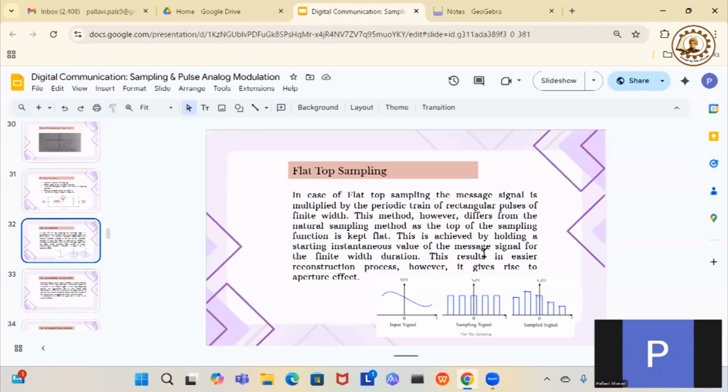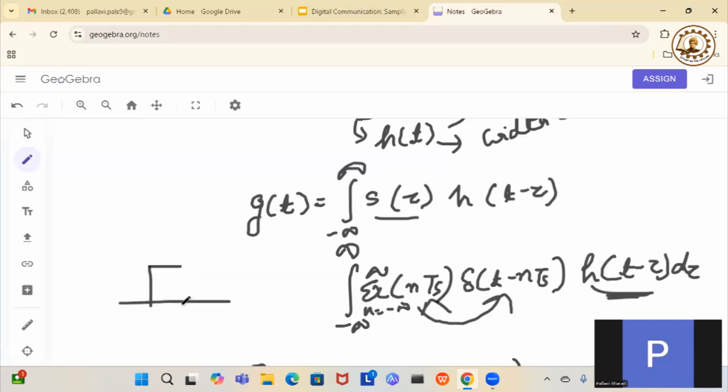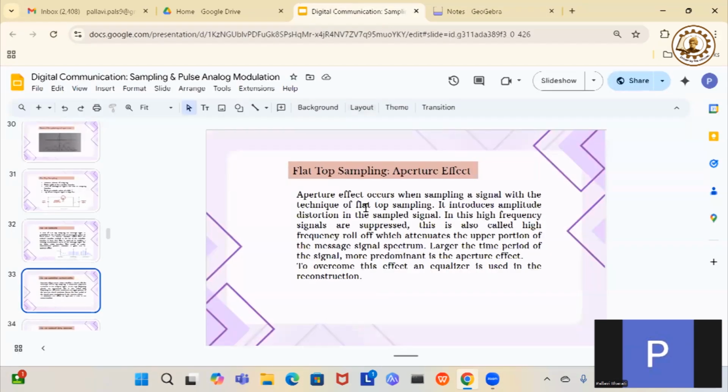You can take the rectangular function also, but this is another method that you can use. Actually, we are taking a rectangular function only, but we are representing it in a different manner. That's it. Now, in flat top sampling, there is a problem called the aperture effect. When sampling a signal with the flat top sampling technique, it introduces amplitude distortion in the signal.